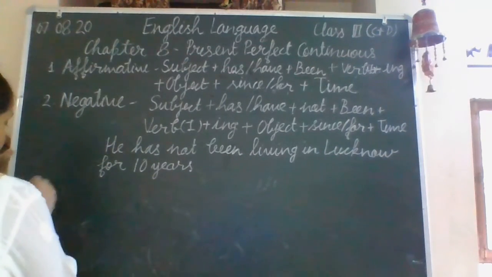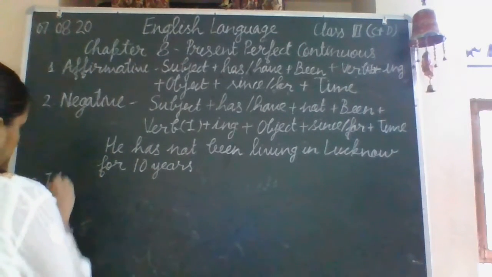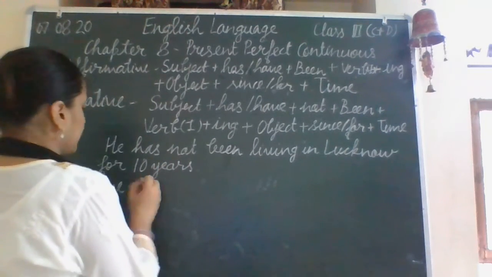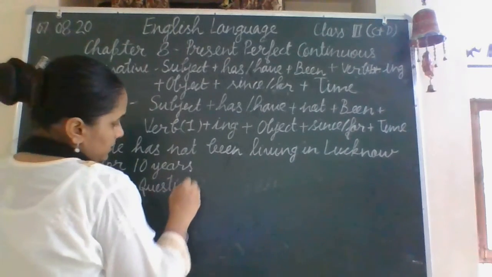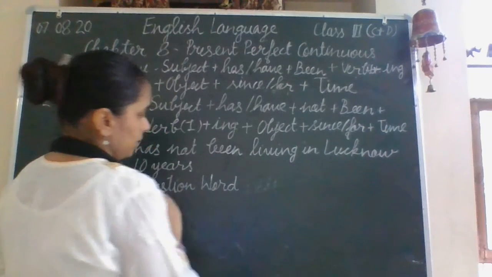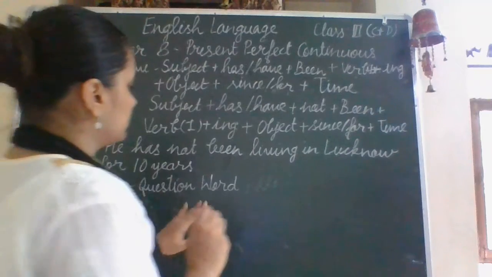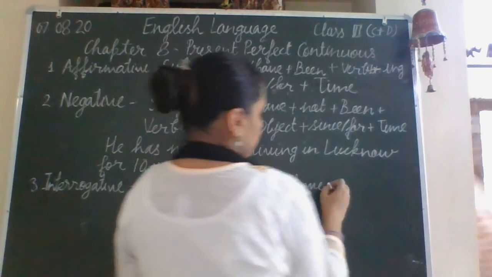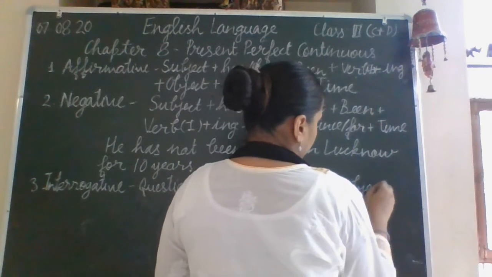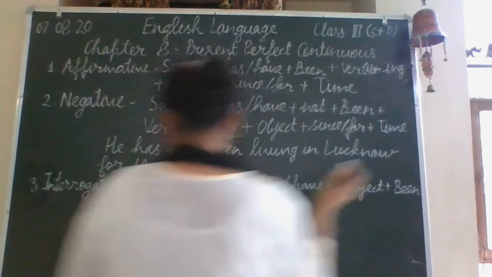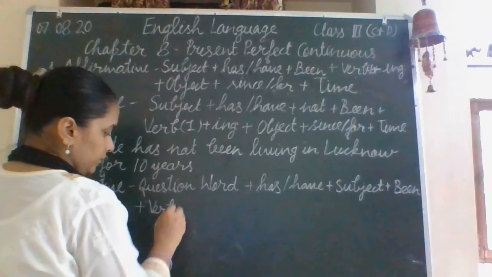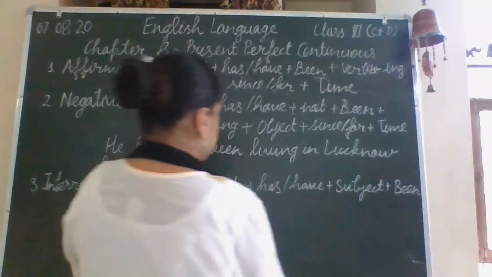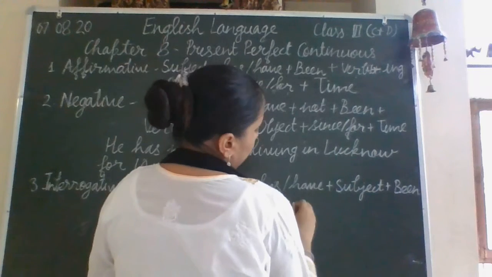So first we will take the structure of the interrogative sentence that will start with the question word. The sentence will start with the question word, then has or have plus subject plus been plus first form of verb plus ing, because it is the continuous tense, plus object, since or for.